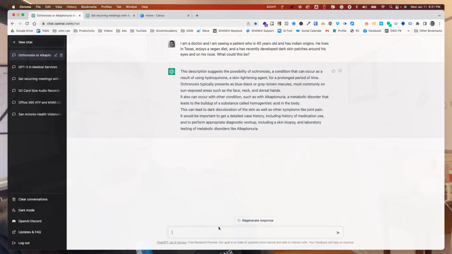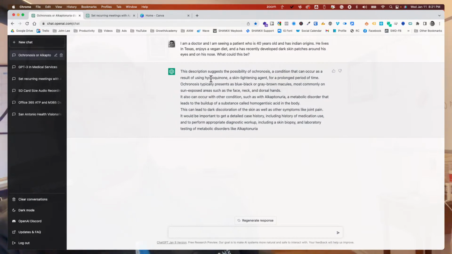It can also occur with other conditions such as alkaptonuria, a metabolic disorder. So it looks like its suggestion is that I use this hydroquinone. And I'm probably butchering all these names because I'm not a medical doctor.